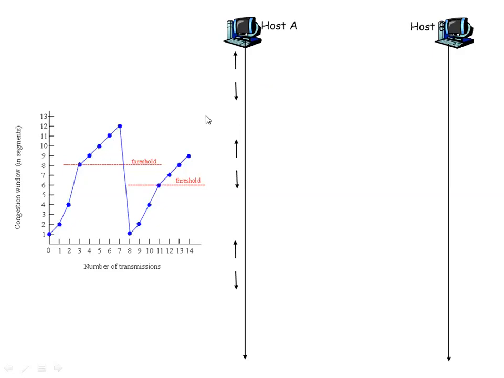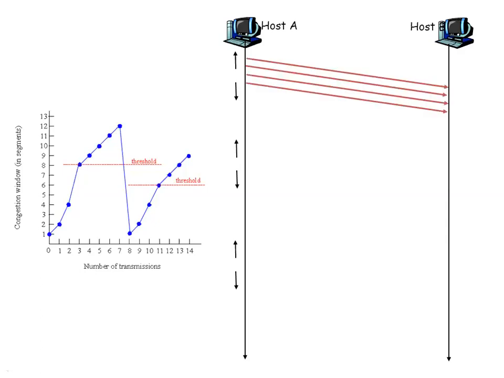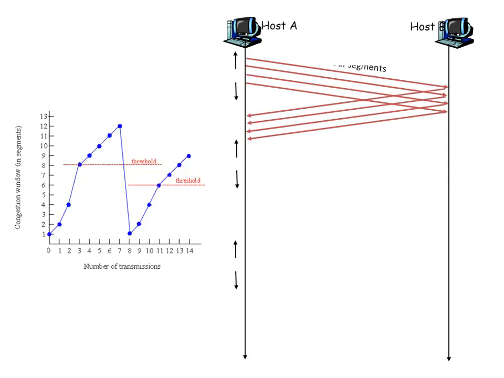Now let us see the example of congestion avoidance. Let us say currently the value of the congestion window size on the sender side is 4. So that means the sender will be sending 4 segments simultaneously, and it will be waiting to receive acknowledgements for all these 4 segments. That is, these are the acknowledgements the sender received for the 4 segments that were sent.